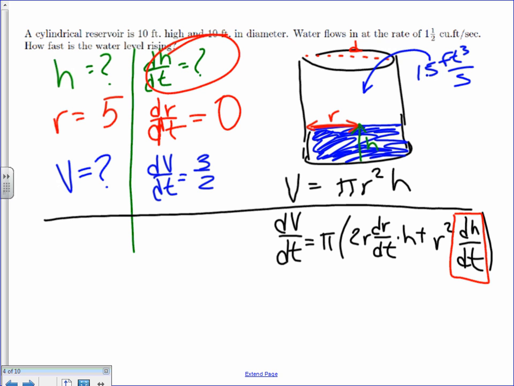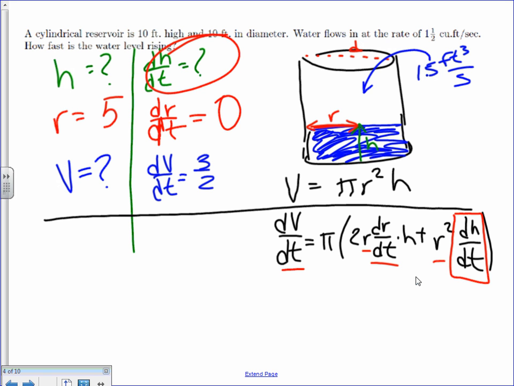What else do we have to plug in for? We have a dV/dt, we've got that. We have a dr/dt. We have an r. We have another r over here. And it looks like we're missing an h. Oh no, what are we going to do? How are we going to get an h? We don't have a volume to plug back into the volume formula to get an h.